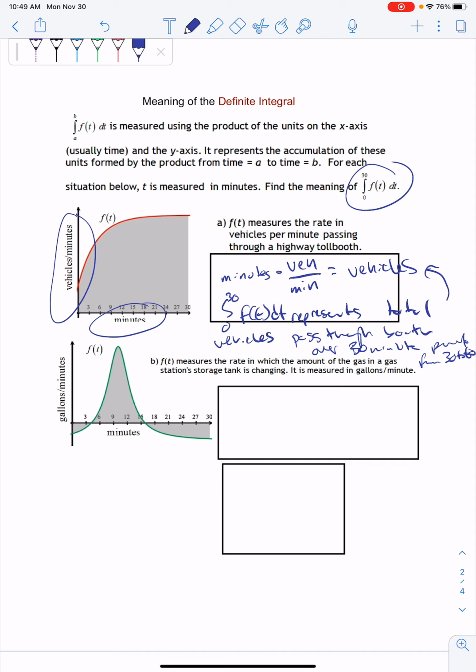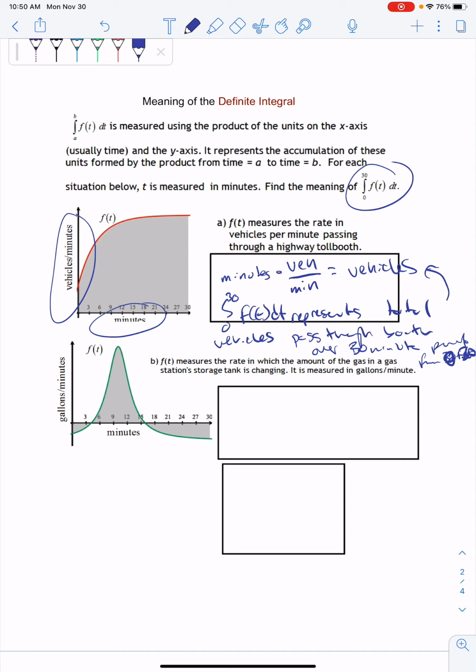We've got to be really careful that we include that interval in there. It's the total vehicles that pass through the toll booth between 0 and 30 minutes, for that 30-minute period, okay?